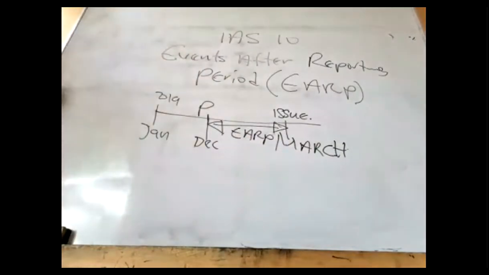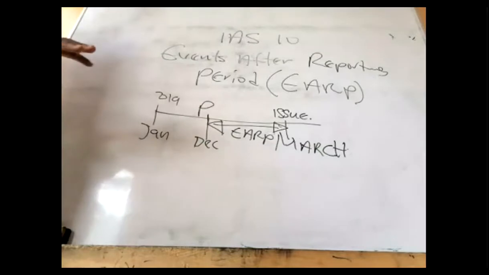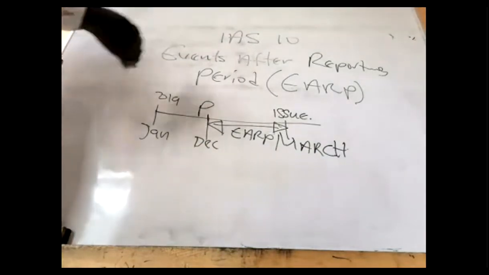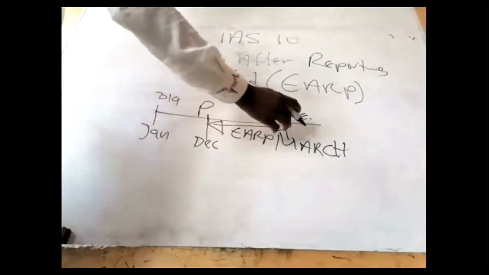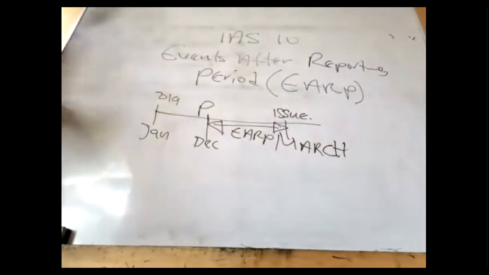Now it has 2 features. The event will occur after you have prepared your financial statement, but before you publish it. If the event takes place after the publishing date, that is not an event after the reporting period. The event must take place before you publish the financial statement.